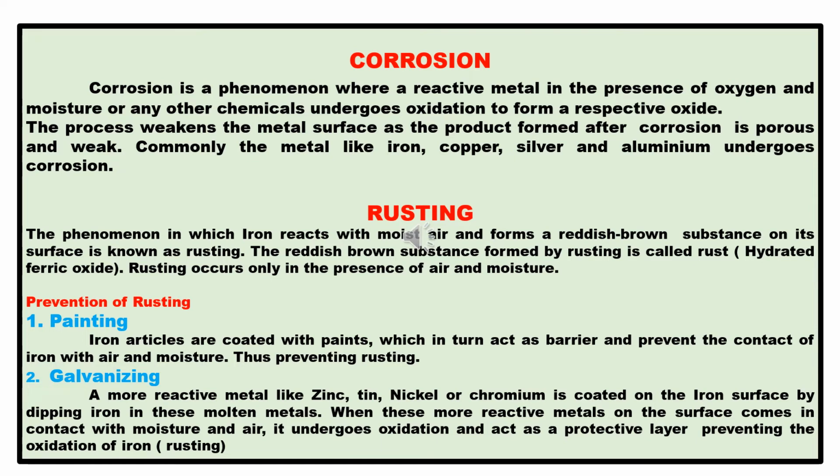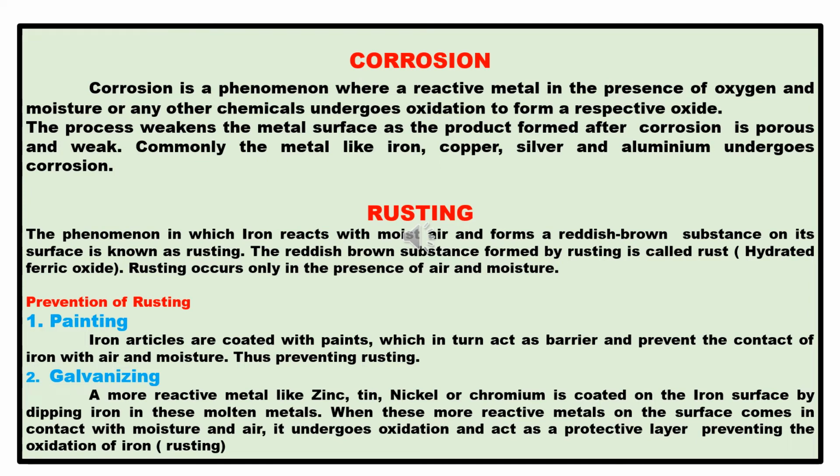So we already learned that a metal when exposed to atmospheric air undergoes oxidation, or metals combine with oxygen and form metallic oxides. And the formation of this oxide is known as what? Corrosion.